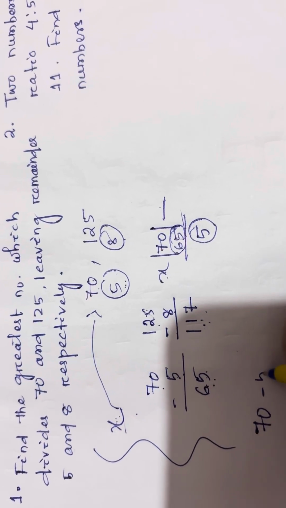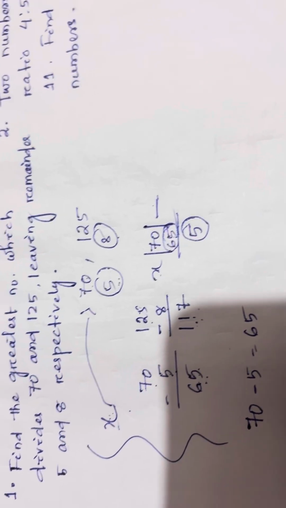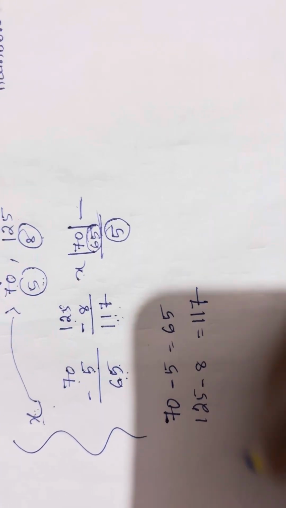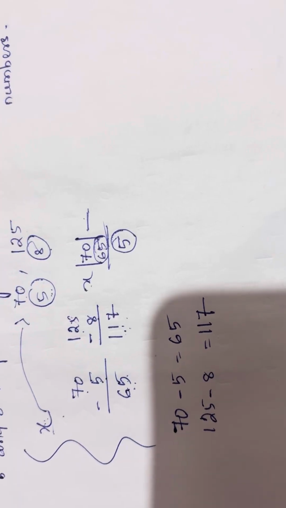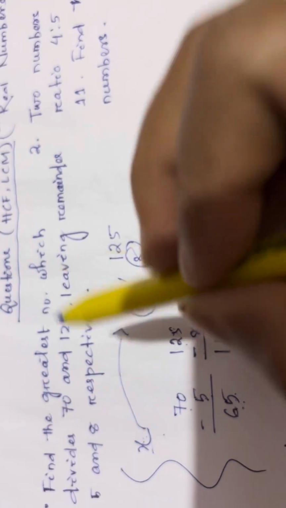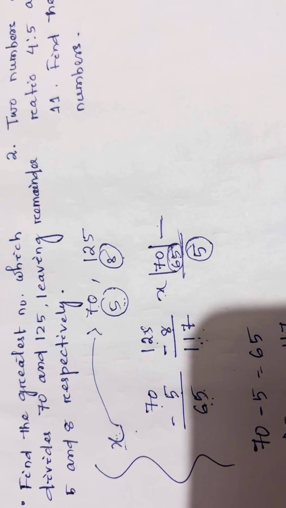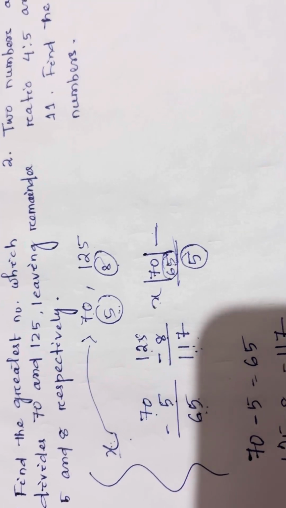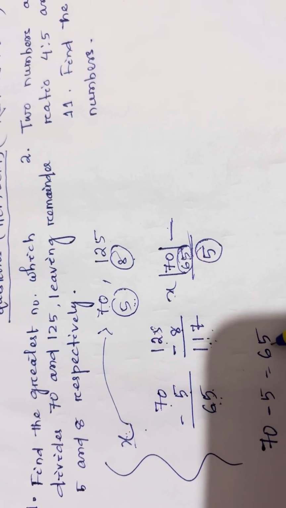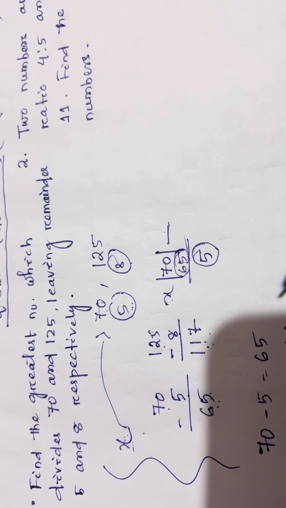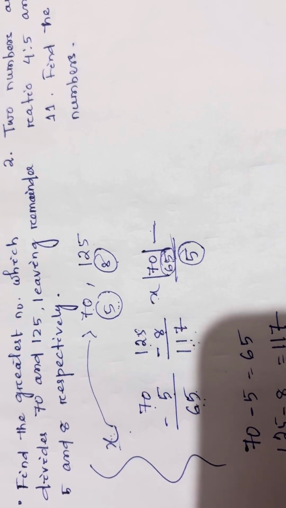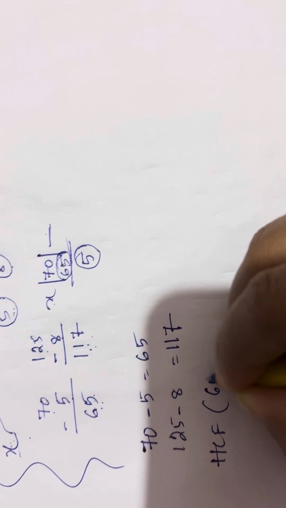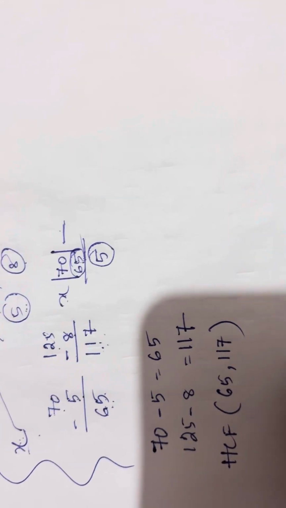As x is the factor here, and the question is asking the greatest number which divides, it is asking about the greatest factor which is dividing both, that means the common one. So it is asking for the greatest common factor or the greatest common divisor, which is the same as highest common factor. So let's find the HCF of 65 and 117 here.